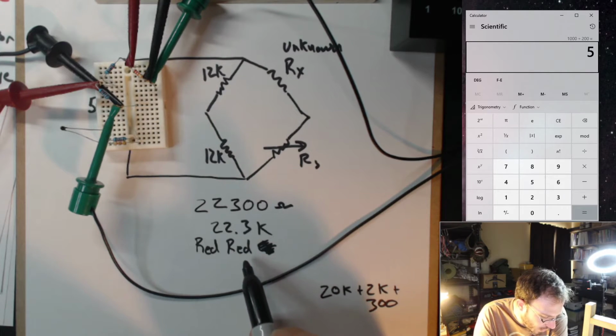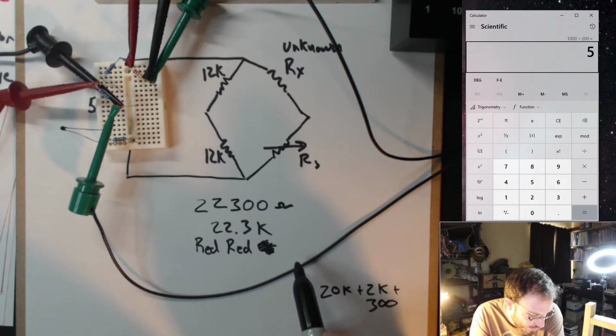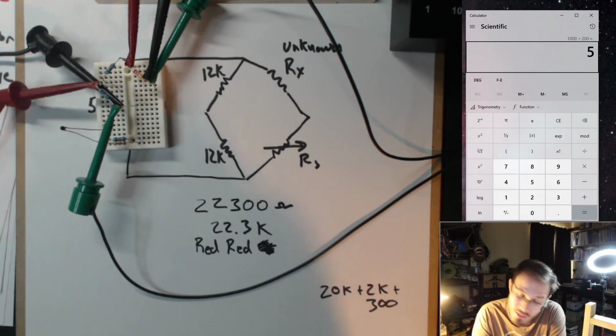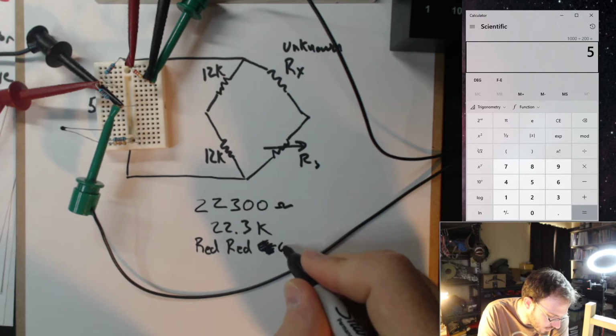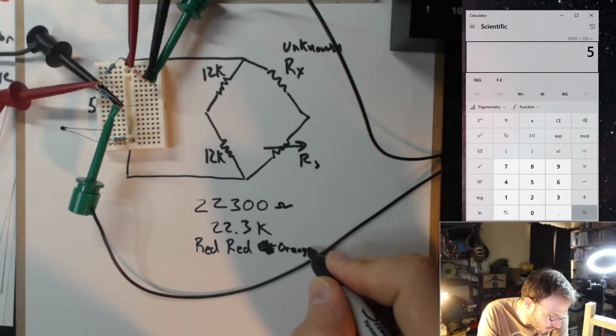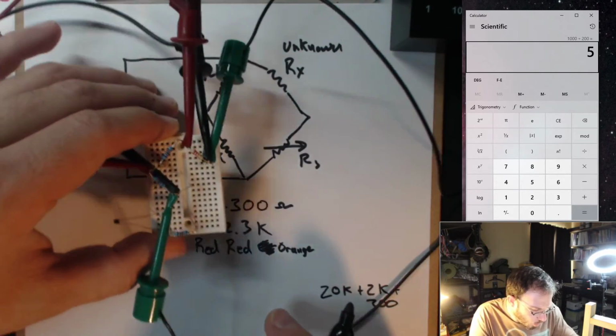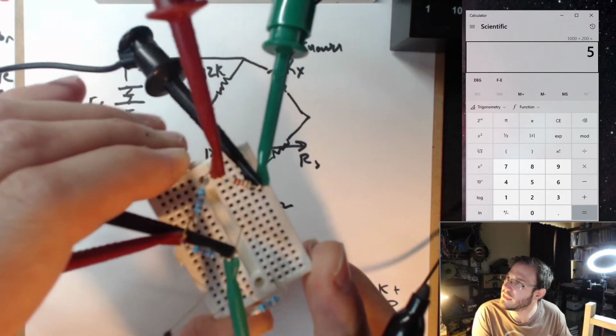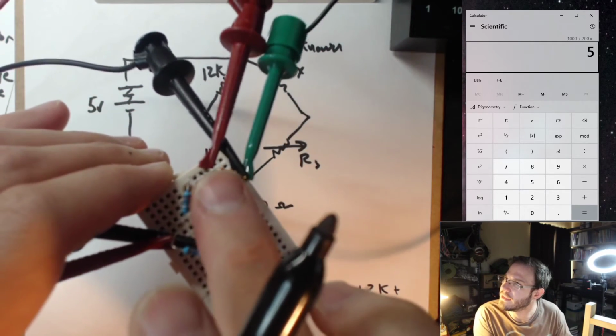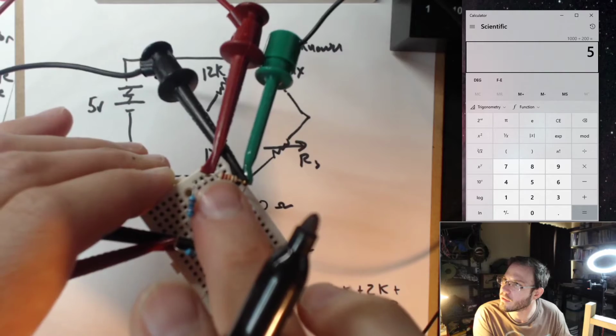And so red, red, and 3 zeros come after it. Looks like I'm going to lose this 0.3K. And red, red, orange, I don't know if you can see, is the correct value.